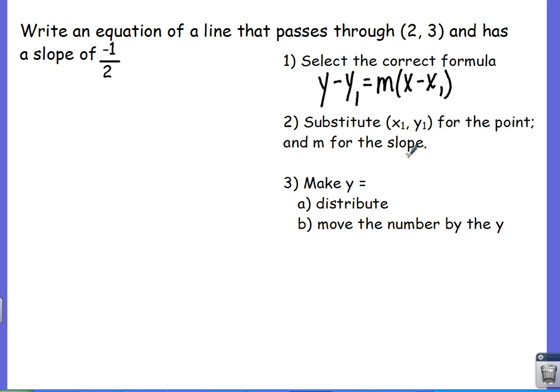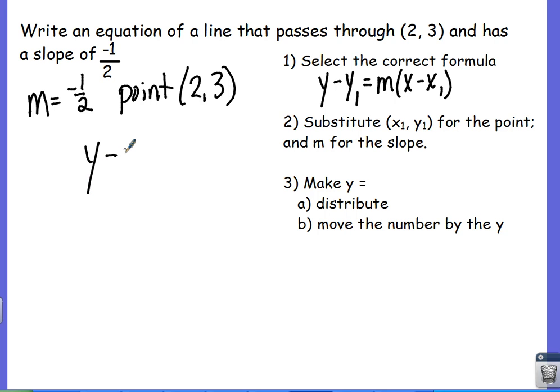So in this case, our m is -1/2, and our point is (2, 3). So we substitute those in. Oh, shoot.